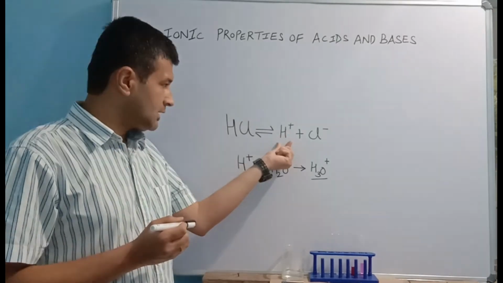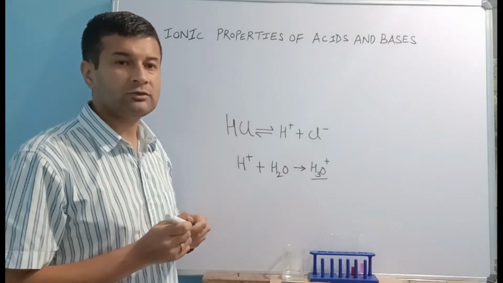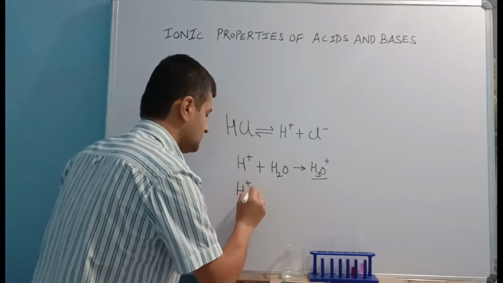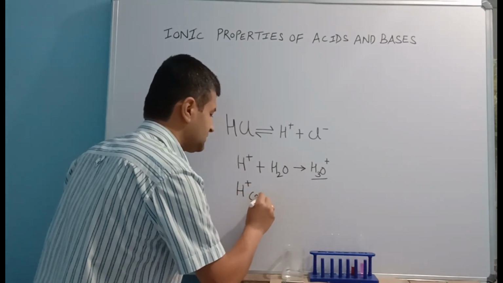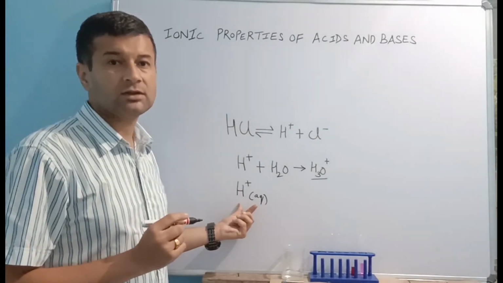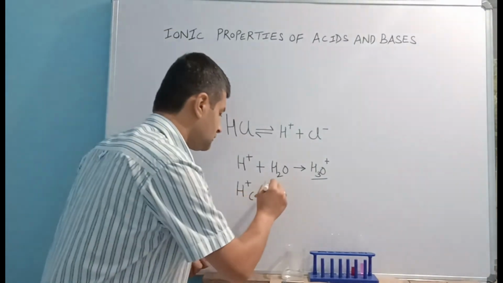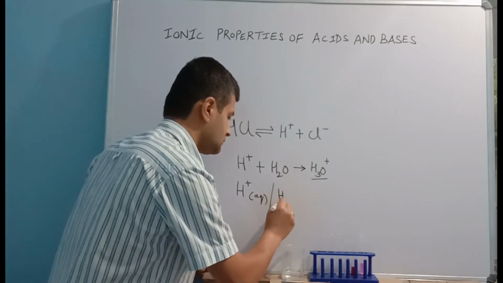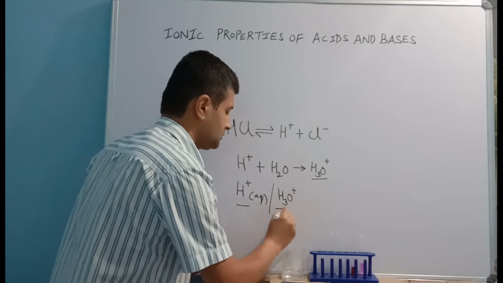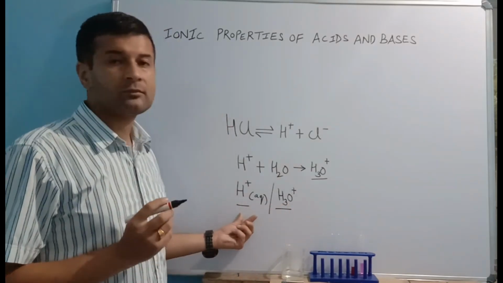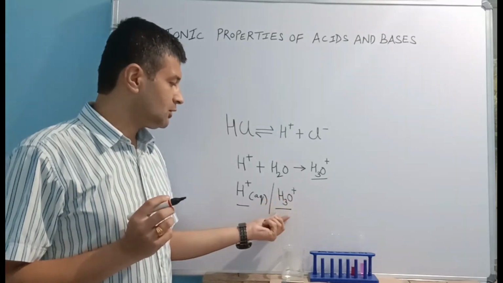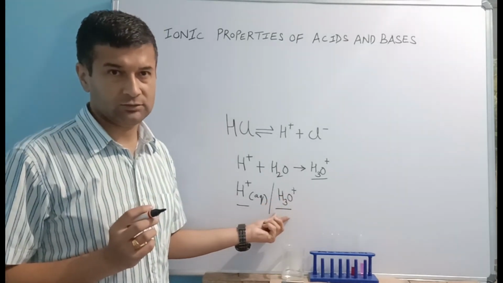Therefore, hydrogen ions should always be written as H plus aqueous because it combines with water, or hydronium ion. So you have the hydrogen plus aqueous ion or hydronium ion.